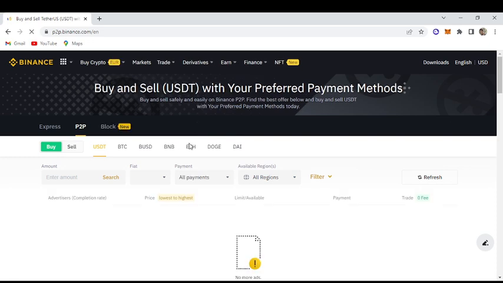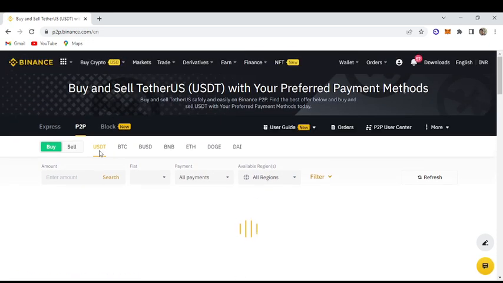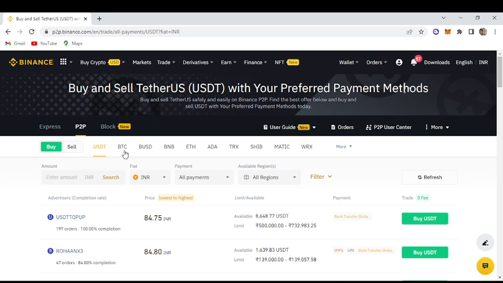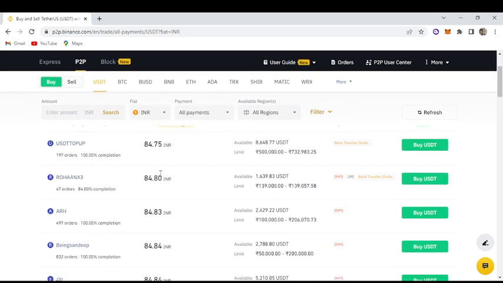So what's P2P trading? There you can directly buy USDT, you can directly buy BTC, BUSD, BNB, Ethereum, a lot more. Here you can buy these things with INR, which is our Indian currency. There you can see there are some sellers.